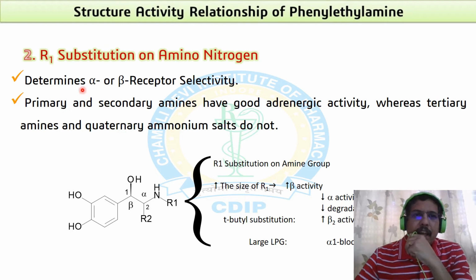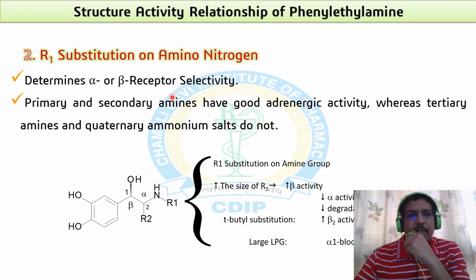One is the alpha adrenergic receptor, another is the beta adrenergic receptor. The alpha adrenergic receptor is further subcategorized into alpha 1 and alpha 2, while the beta is mainly categorized into beta 1 and beta 2, but still the beta 3 receptor is also present.